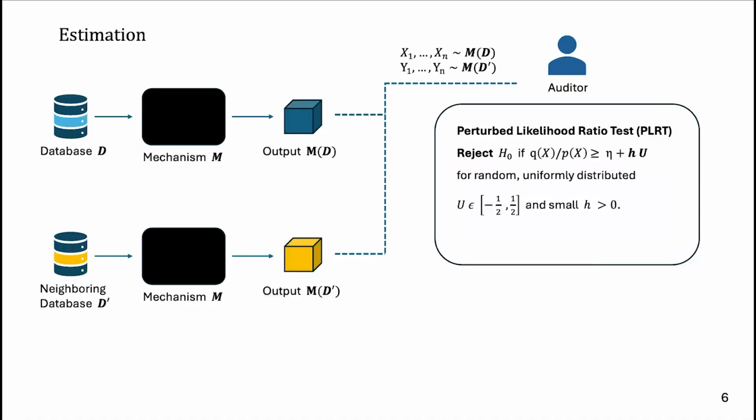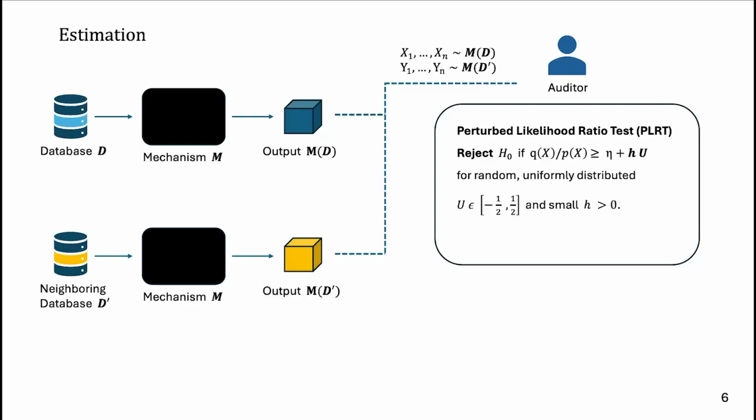So in order to avoid this difficulty, we consider a perturbed version of our likelihood ratio test that rejects if our density quotient lies above a perturbed threshold eta plus h times u, where h corresponds to a small positive constant and u is a random variable that is uniformly drawn from the interval minus 1/2 to 1/2.